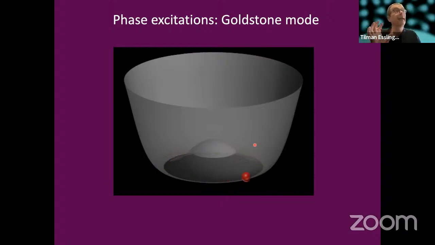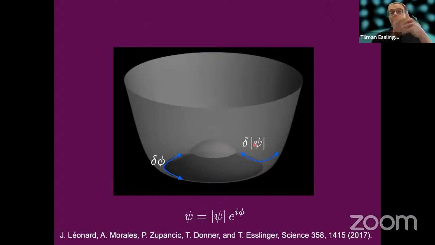That is the redistribution of photons or field from one cavity to the other. And that costs almost no energy. It means you have an oscillation of one field with respect to the other. So you could look at it in this way: you can describe it as an amplitude excitation or as a phase excitation.